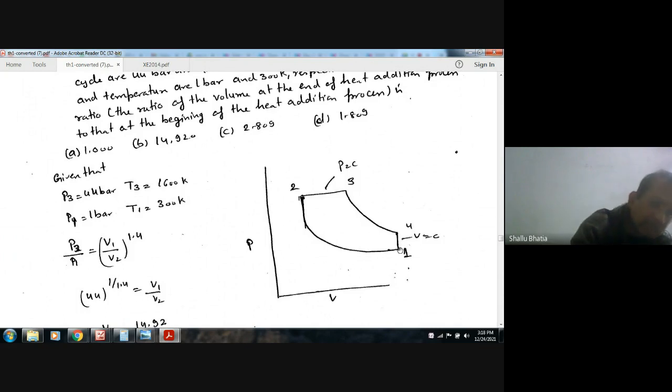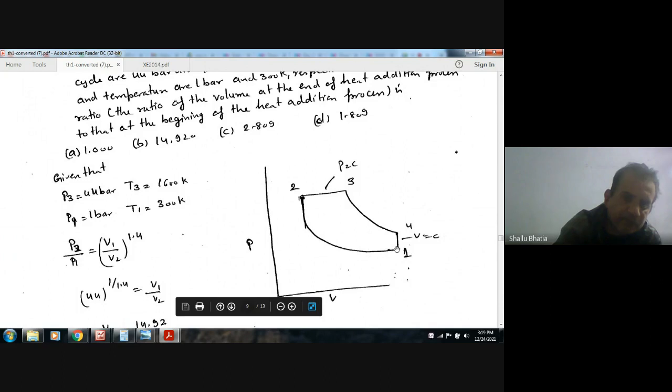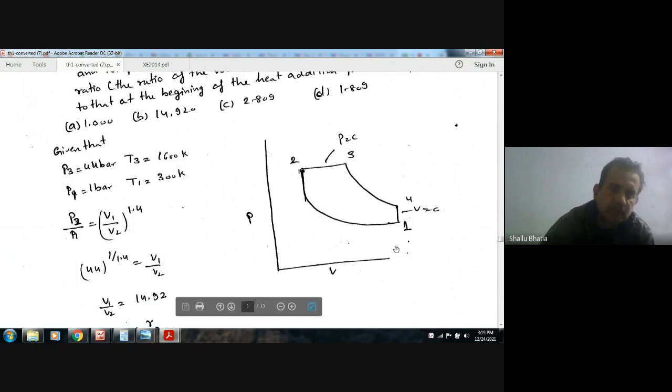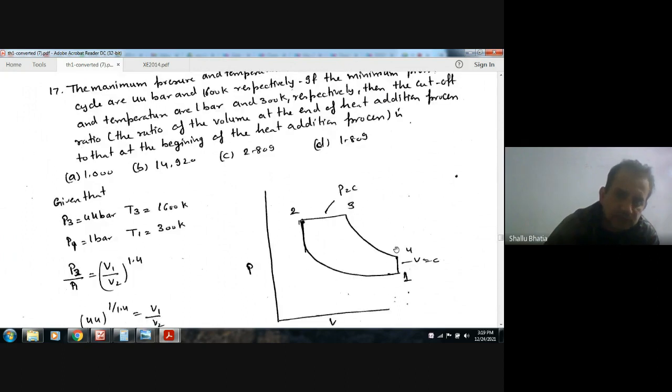This is a constant volume process. The maximum pressure and maximum temperature will occur at state 3. So P3 is 44 bar and T3 is 1600 Kelvin, and the minimum temperature and minimum pressure will occur at state 1. So P1 is 1 bar and T1 is 300 Kelvin. Now the compression ratio is given.